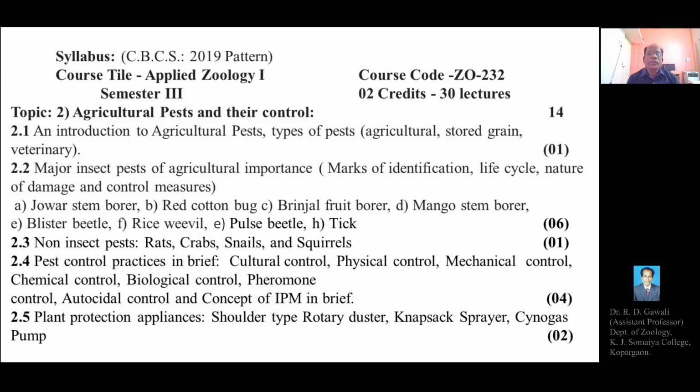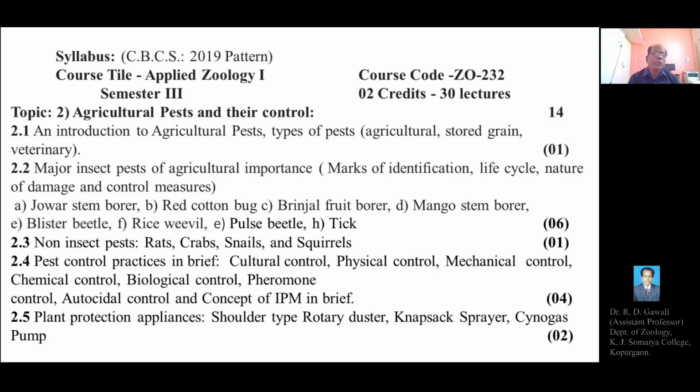This includes different types of pest control measures or methods such as cultural control, physical control, mechanical control, chemical control, biological control, pheromone control, autocidal control, and the concept of IPM, that is integrated pest management, in brief.